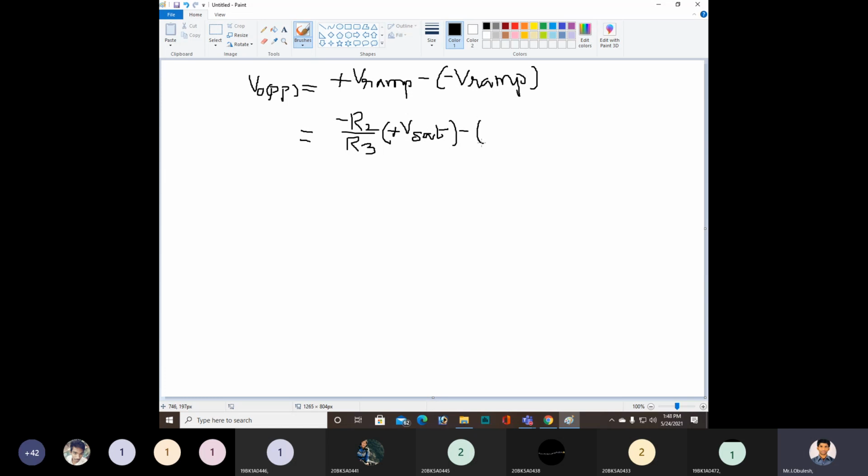Minus VRAMP is equal to minus R2 by R3 into minus V saturation, right? Okay, fine. Into here plus V saturation.